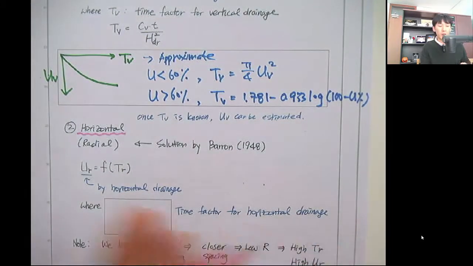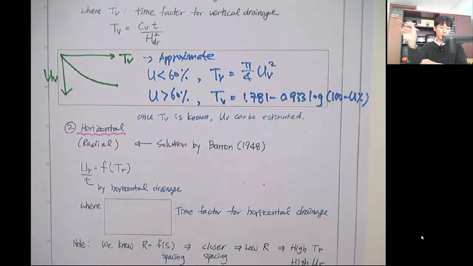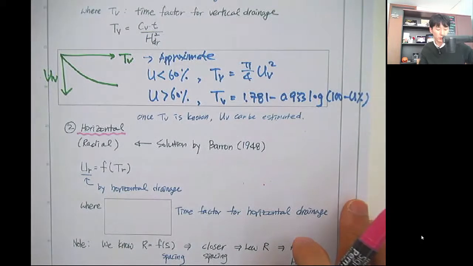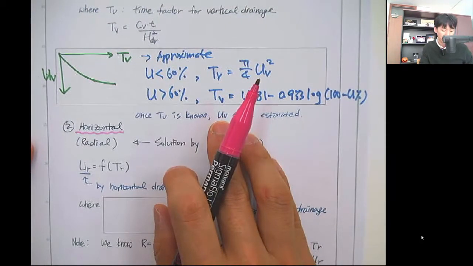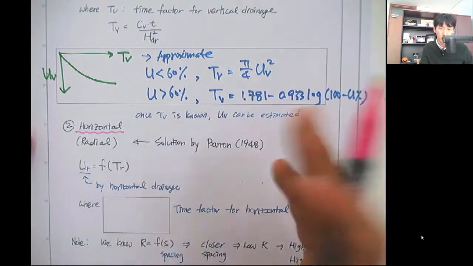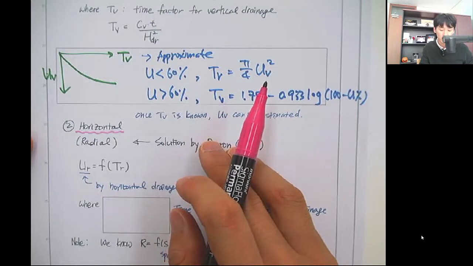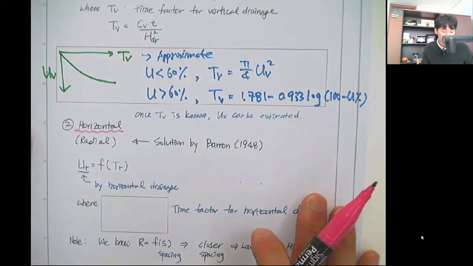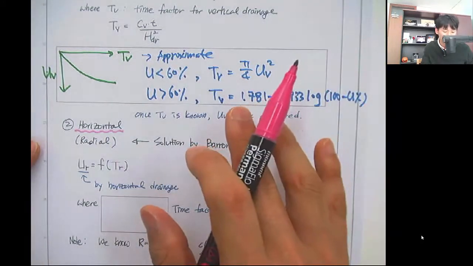So then, again, from that you can check whether this U value is appropriate for the design value R or not. You can check for that.